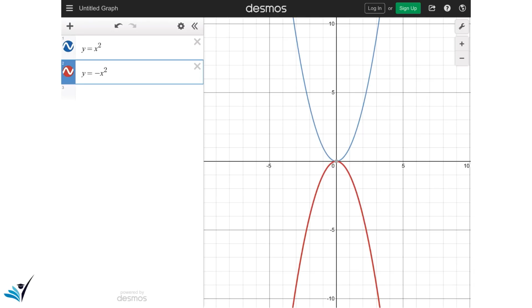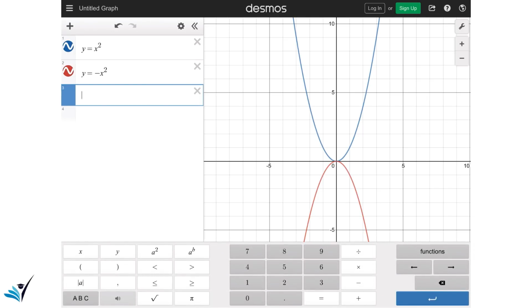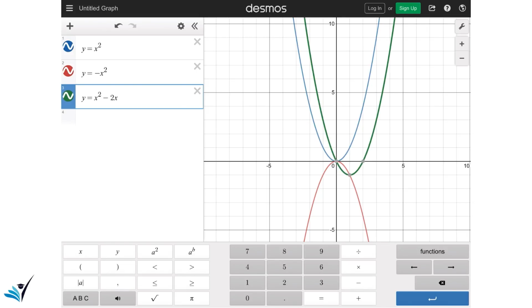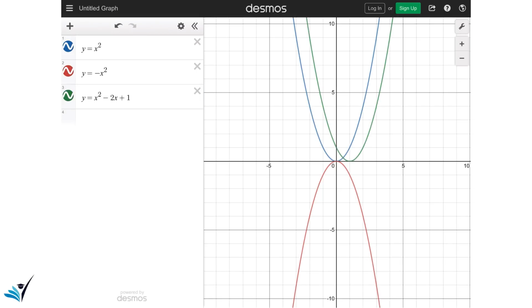Let's take a look at another example. This example is y equals x squared minus 2x plus 1. So in this example, a is 1, b is negative 2, and c is 1. And you see that the parabola is upward, and you can guess that the reason is because a is positive, similar to the first example.